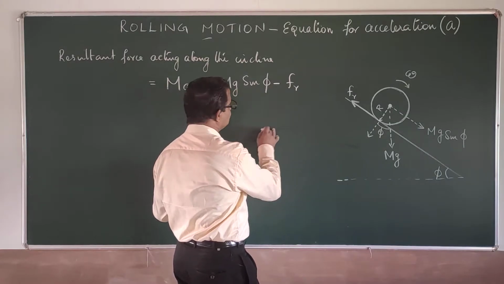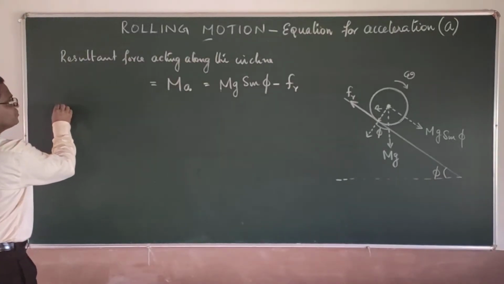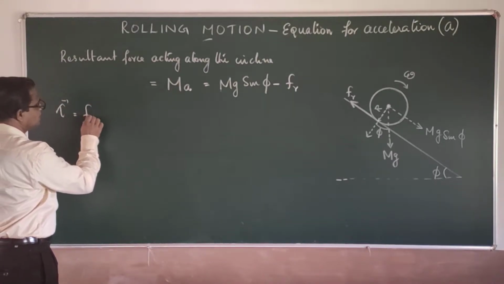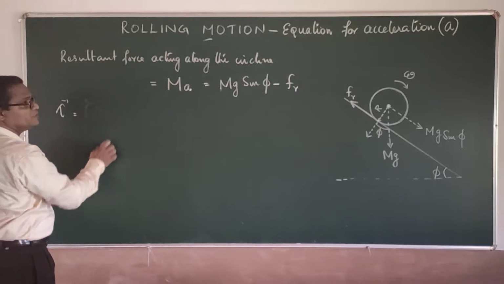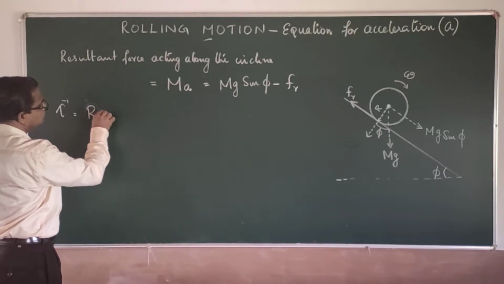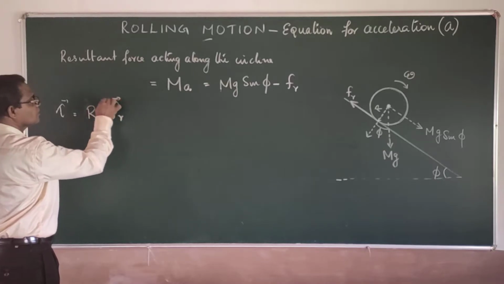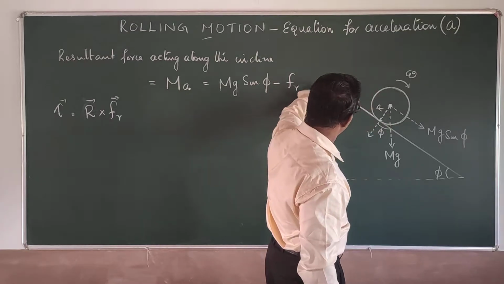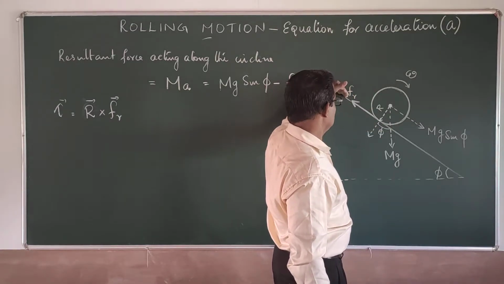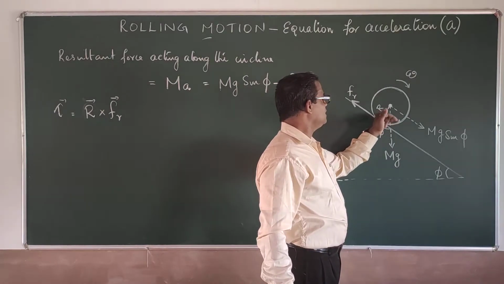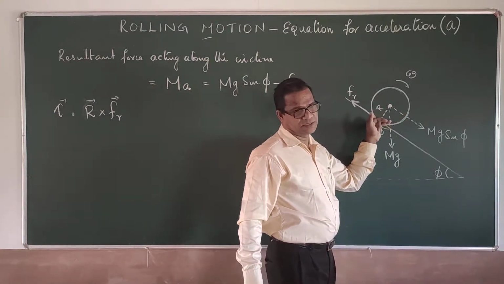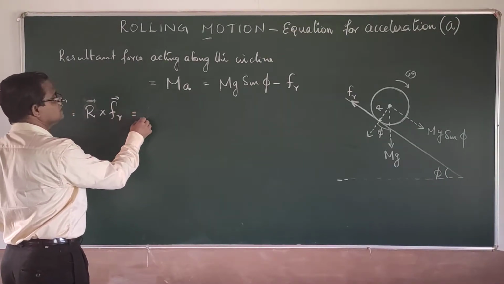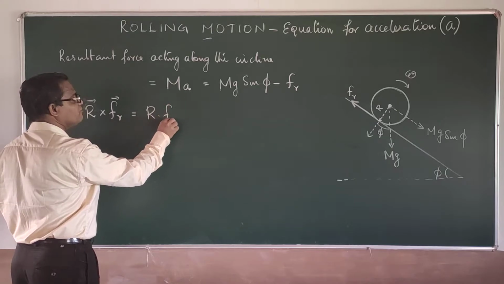The torque will be equal to R cross Fr, where R is the radius and Fr is the frictional force. So, force and perpendicular distance. This is the concept here. And as they are perpendicular to each other, this is nothing but R into Fr.